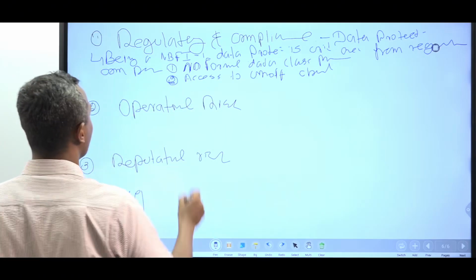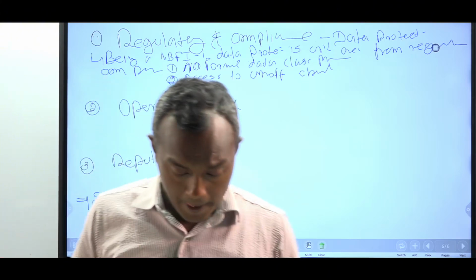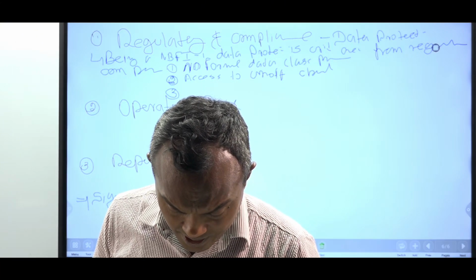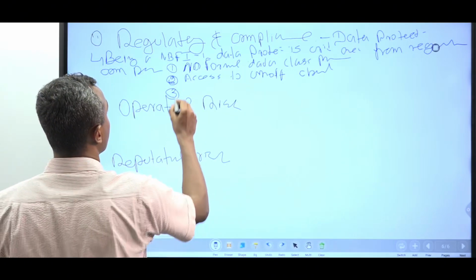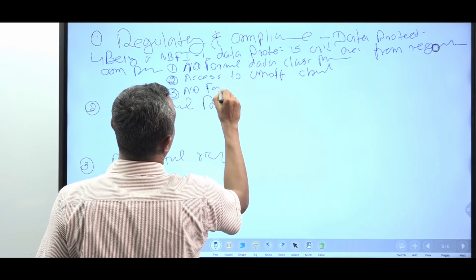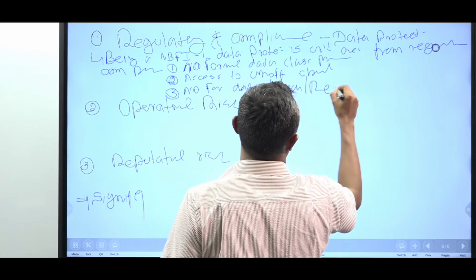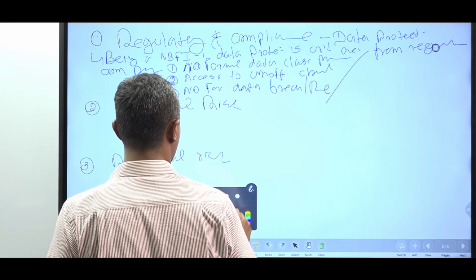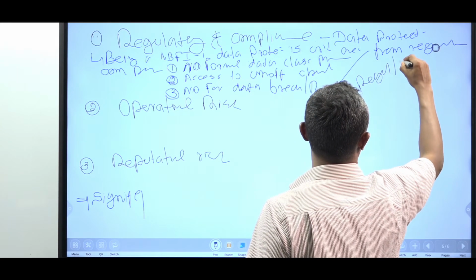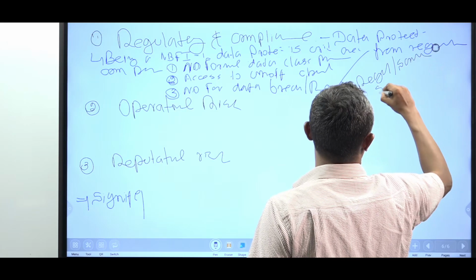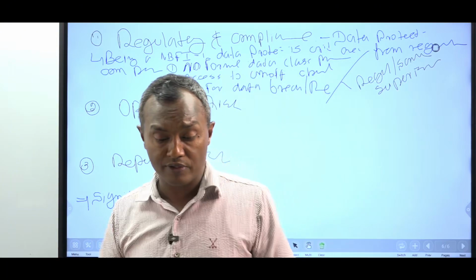Thirdly, no policy on data breaches, no formal data breach identification and response. Therefore, this leads to regulatory sanctions and supervisory actions. The non-bank supervision division is there when they do an audit. If they come across this, that's really not good.